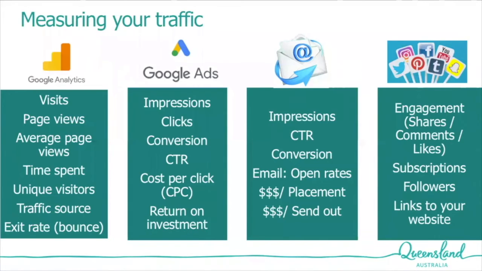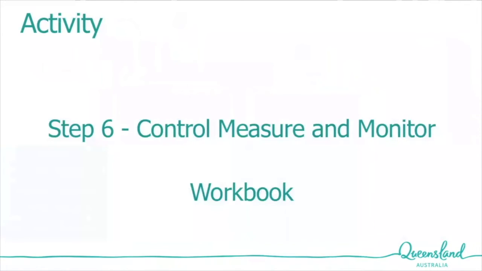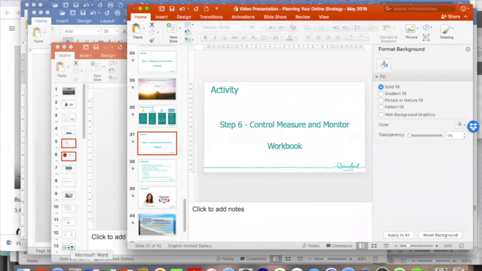Without visibility of this, you are flying blind about how much business your website is converting and doing for you, and whether the online marketing activity you're investing your time and money in and your social media activity, whether it's actually converting and resulting in sales.